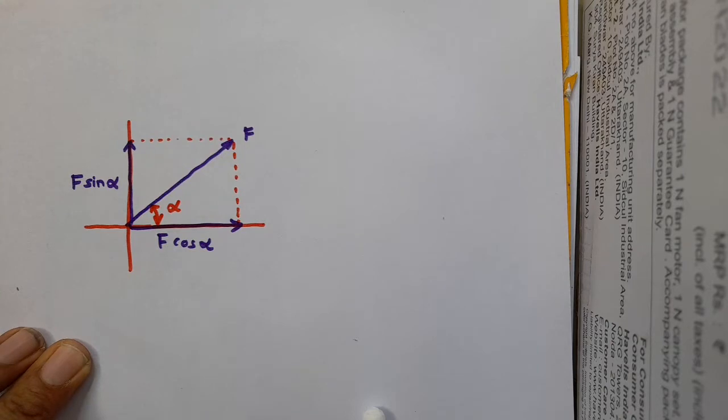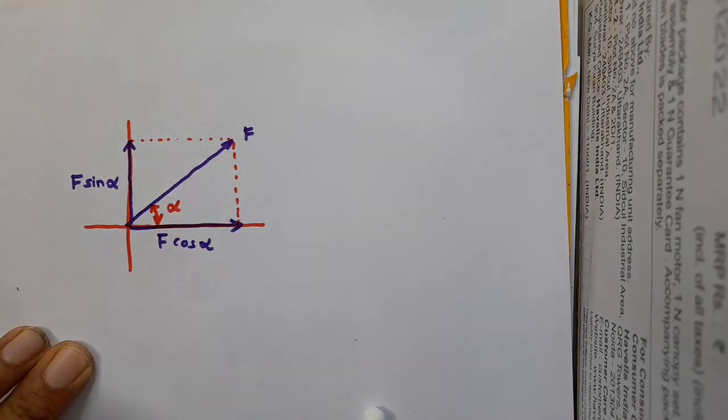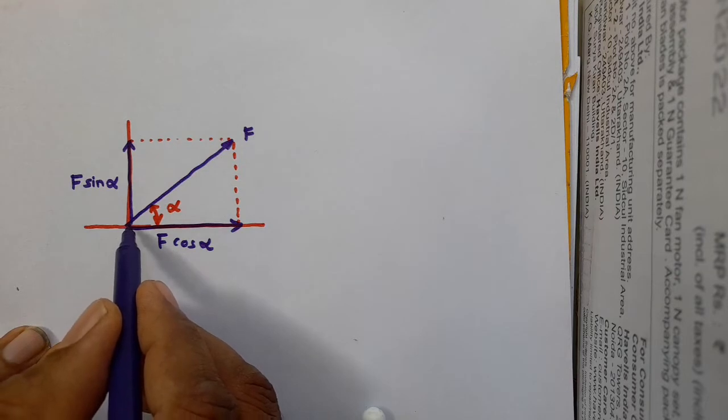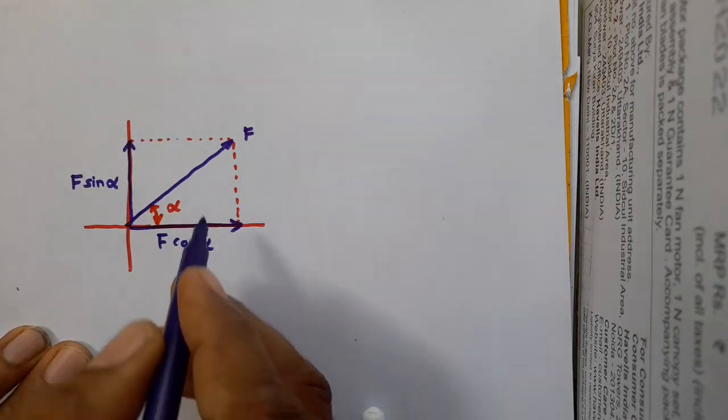So let me explain to you once again. Once the force is given, you should choose its starting point. Through the starting point you should draw two lines, horizontal and vertical.